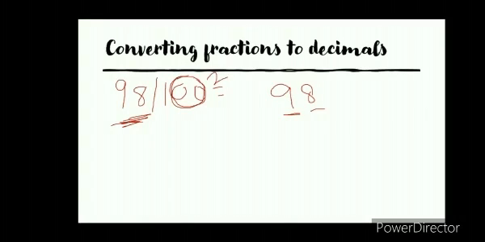So we have to start from the units place: 1, 2. So we need to keep the decimal point before 2 numbers, which it becomes 0.98.